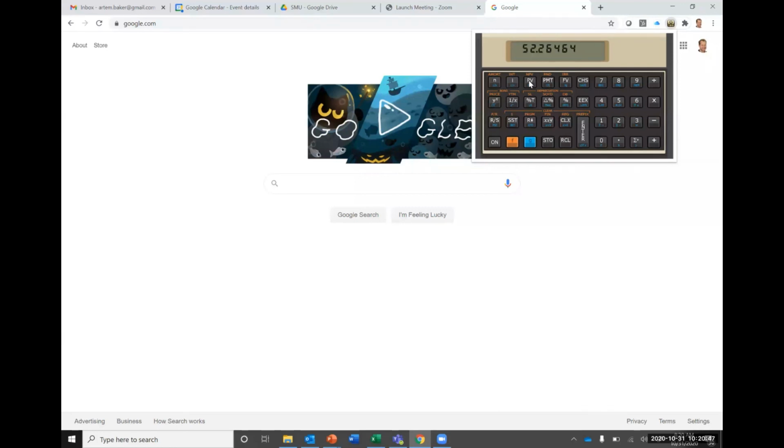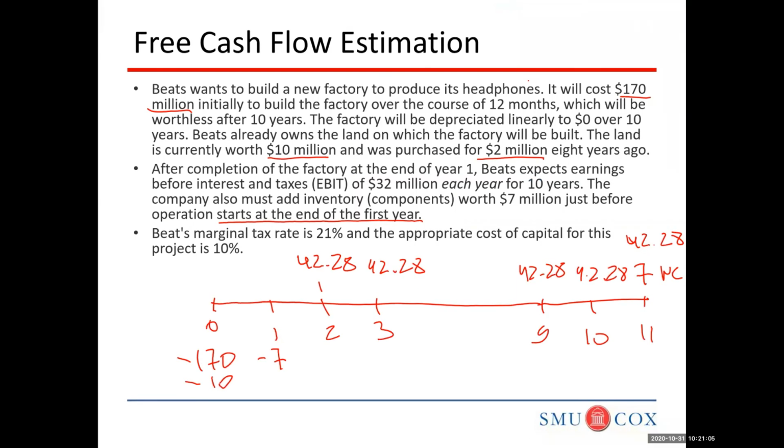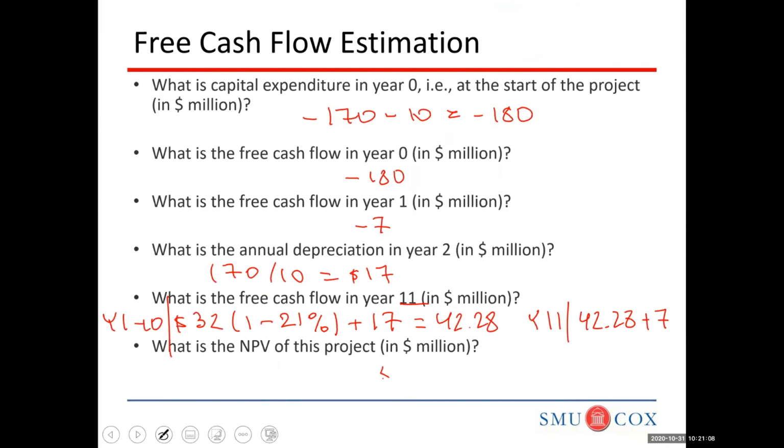Does anybody else get the same number? I've heard different answers. I don't know why, but I think this one is correct. $52.26. Questions here? Comments?